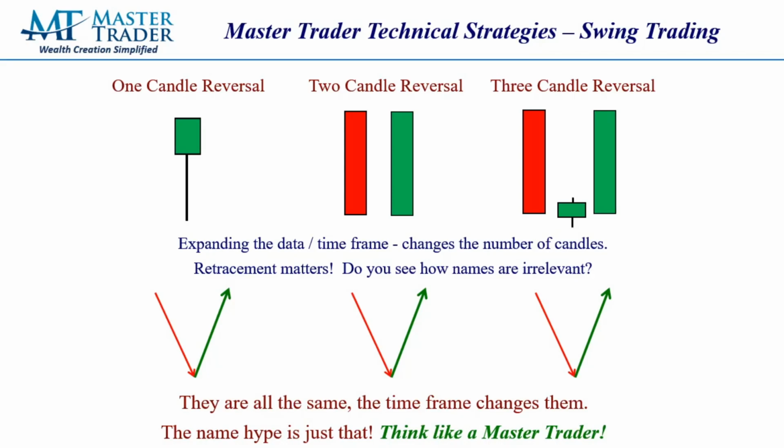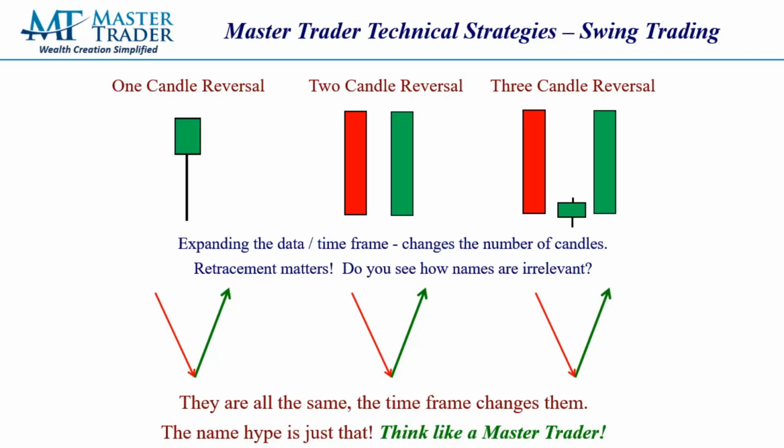Now, this is an important slide, and it's important because it gives you an understanding of multiple time frames, and in addition, frees you up from the thinking of, is this one type of a candle pattern versus another?